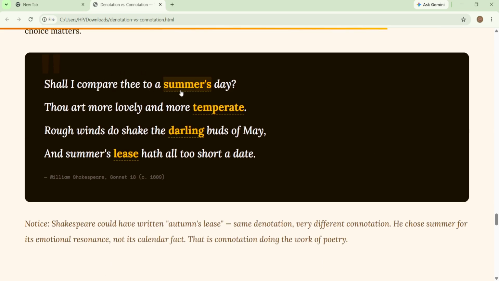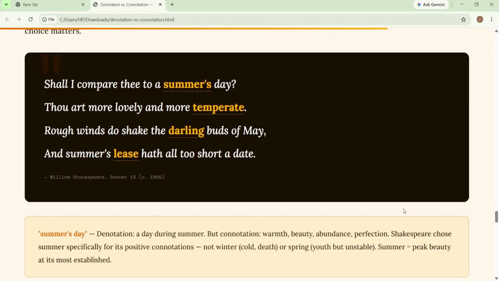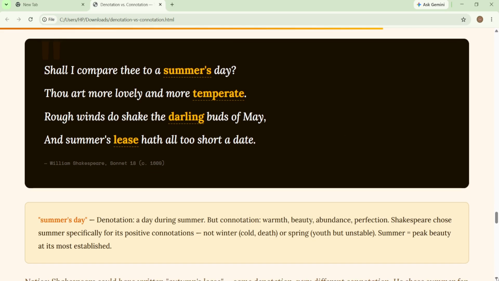Shall I compare thee to a summer day? Well, why summer? A summer's day, denotation: a day during summer, but the connotation is warmth, beauty, abundance, perfection. Shakespeare chose summer specifically for its positive connotation, not winter, which is cold and represents death, or spring, which is youth but represents instability.